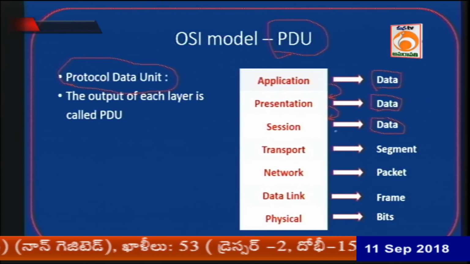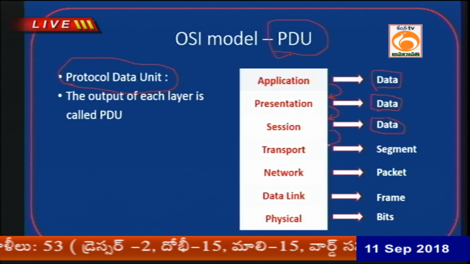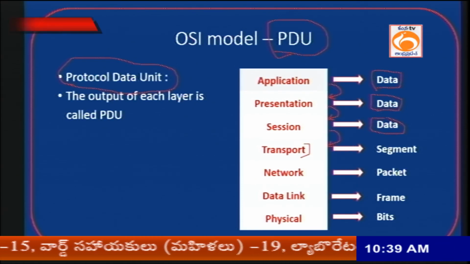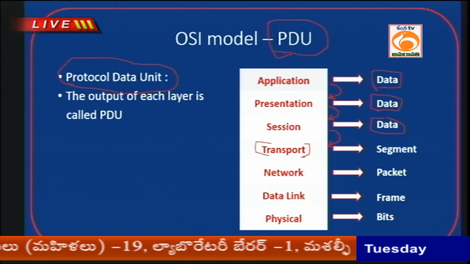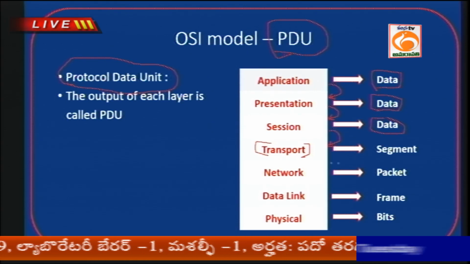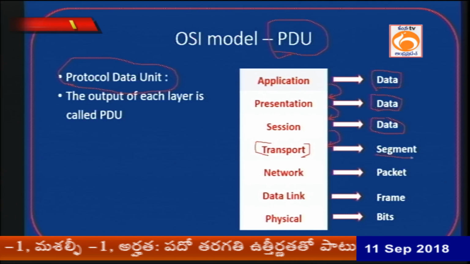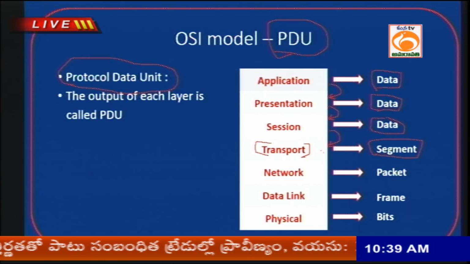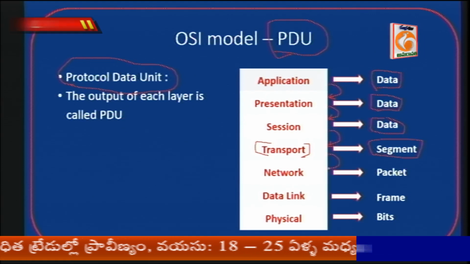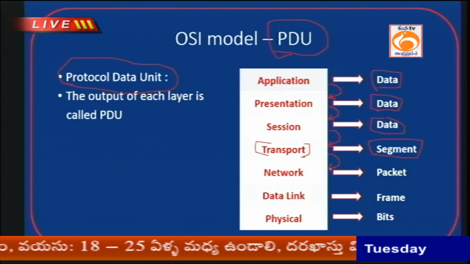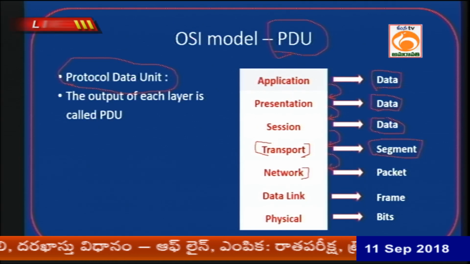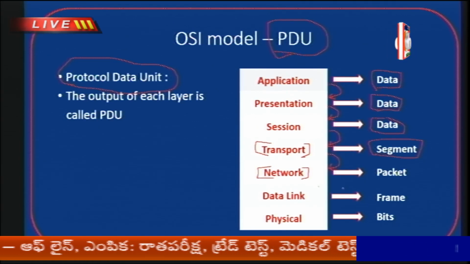The data that comes out of the session layer goes to the transport layer, and at the transport layer, remember, we are adding additional information like source port number, destination port number, etc., and we call the output a segment. So, encapsulation takes place at the transport layer, and this segment, when sent as input to the network layer, the network layer will add source IP address and destination IP address, and we call that a packet.